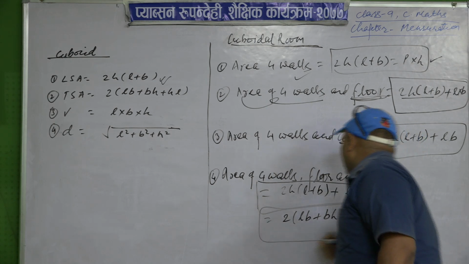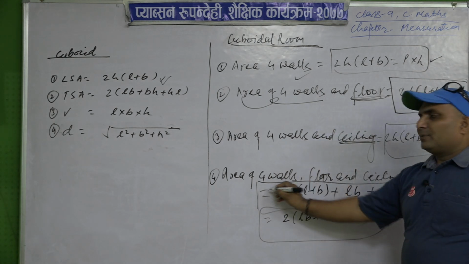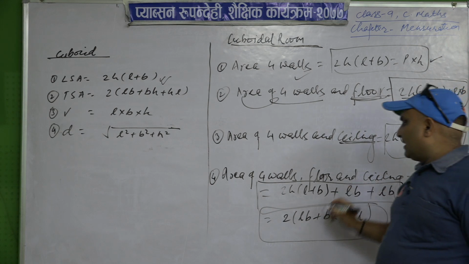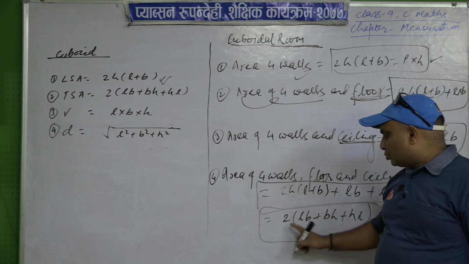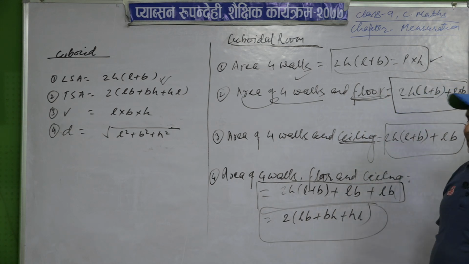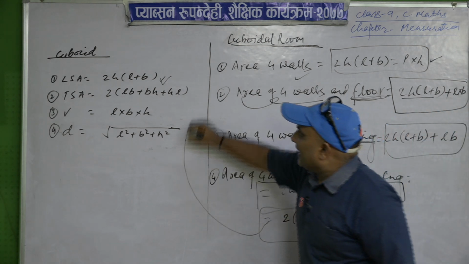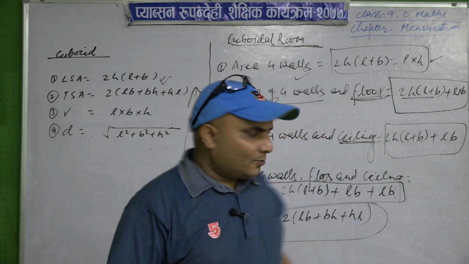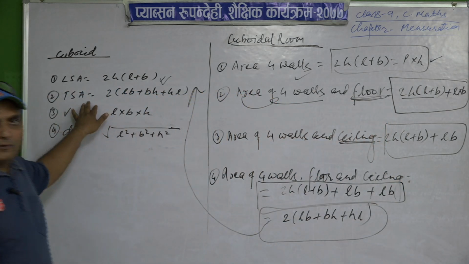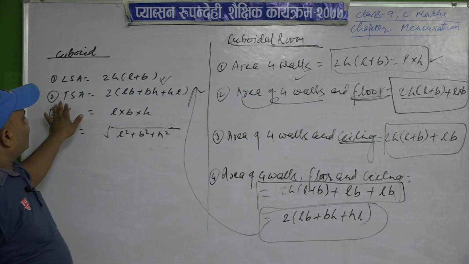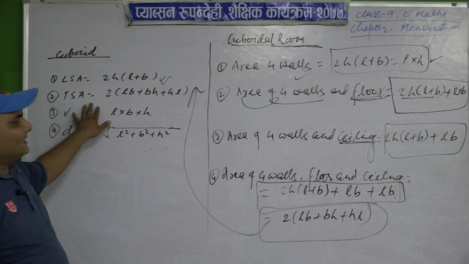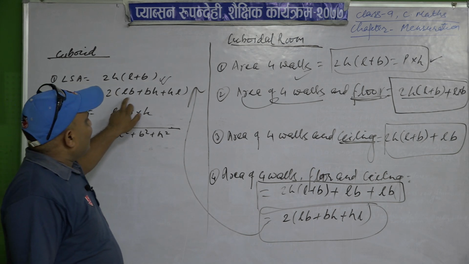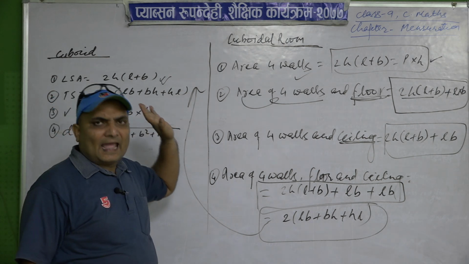If you simplify this formula, we get 2(LB + BH + HL), which is the total surface area of a cuboid. What is the total surface area of a cuboid? We have already derived it: 2(LB + BH + HL).